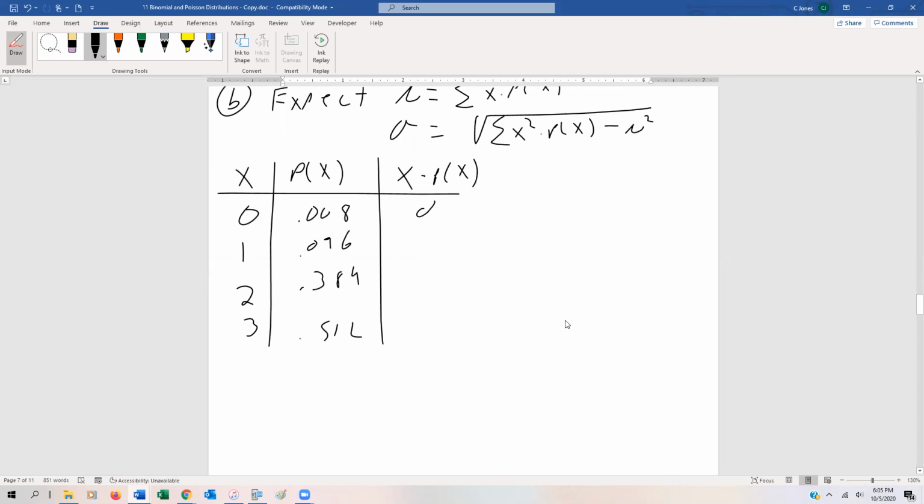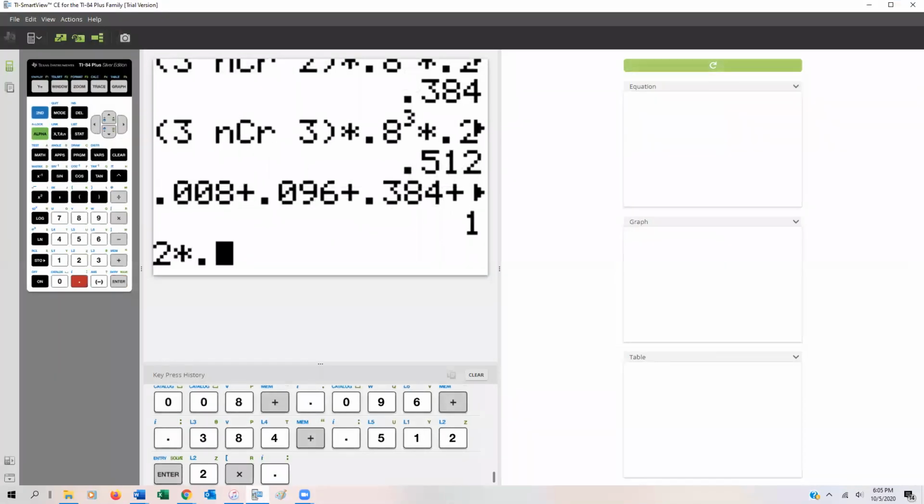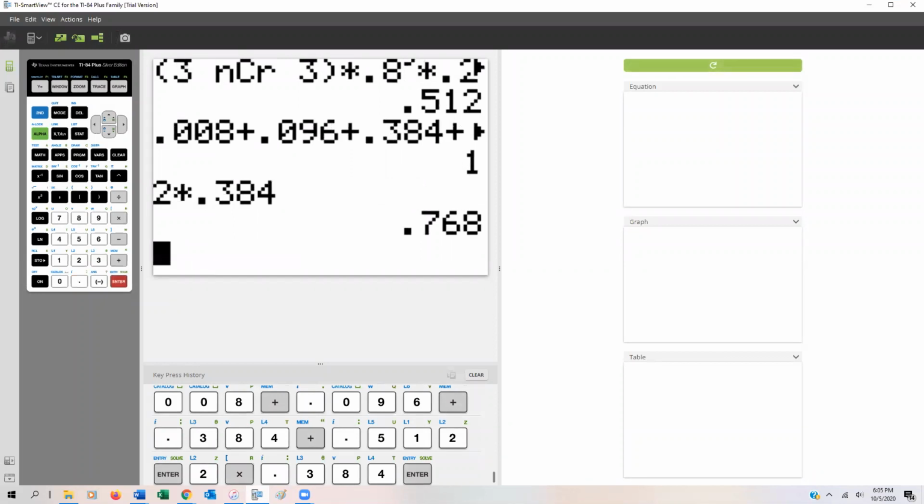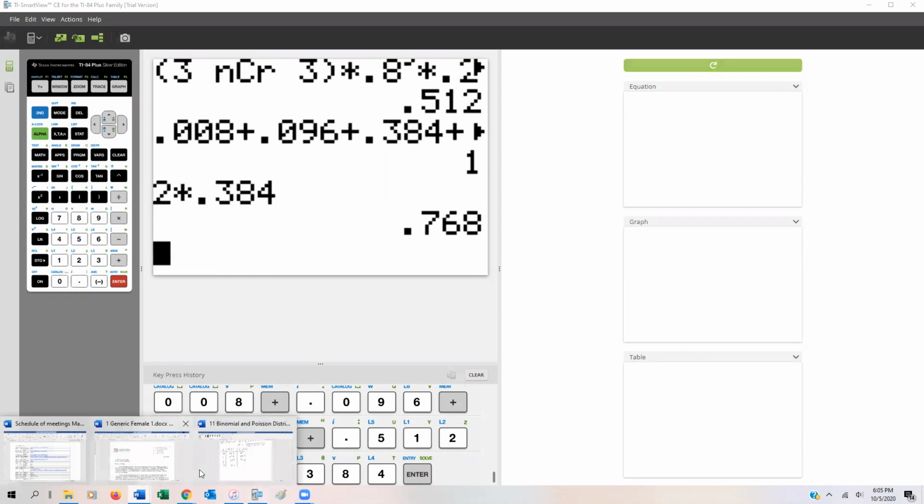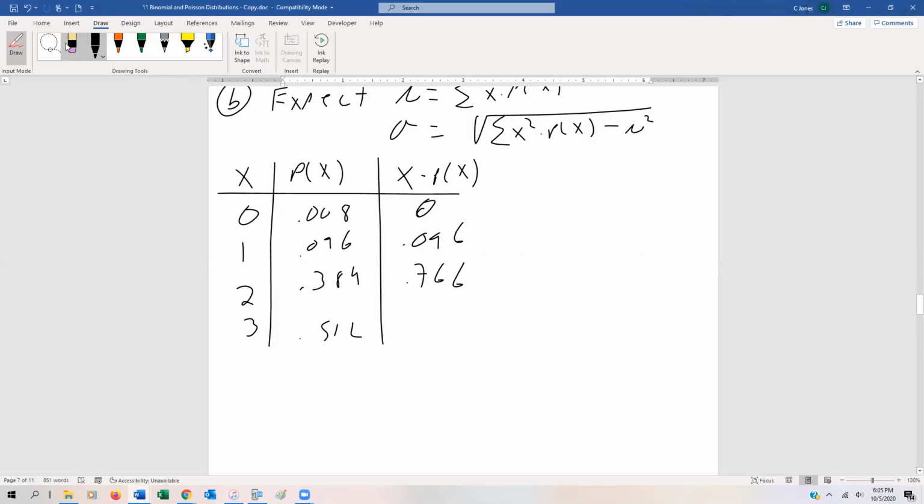So we know that 0 times anything is 0, 1 times 0.096 is 0.096. Twice 0.384 is going to end up being 0.766. All right, but again, let's just go back and check. So 2 times 0.384 is 0.768. Excuse me, I think I put 766. I did. Just write that on the teacher evaluation. Can't multiply 4 times 2 correctly.